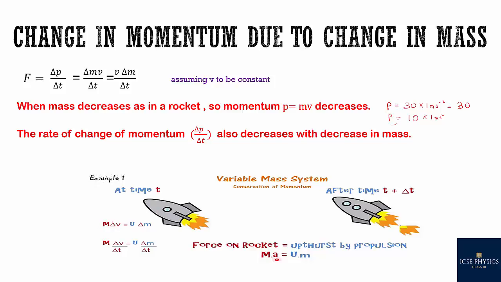So with mass remaining constant, the velocity, first it was moving with a certain speed and then it picks up speed. So there was a change in velocity in the first case, so the momentum varies with the change in velocity. In the second case, the fuel case, the velocity remains constant and there is a change in mass. So there is a change in momentum due to change in mass, and this particularly happens in the case where fuel is being used in airplanes and rockets.